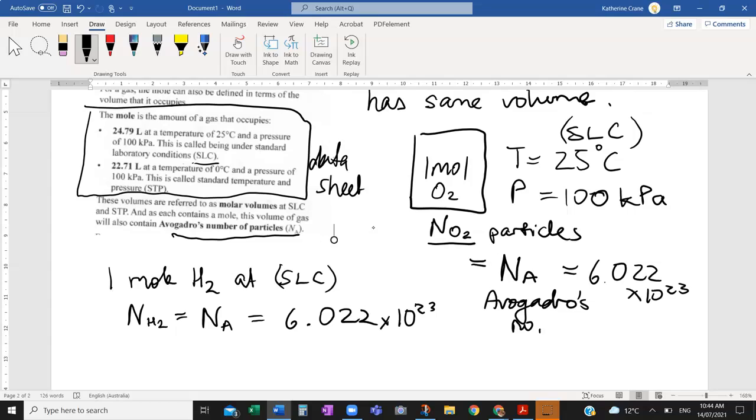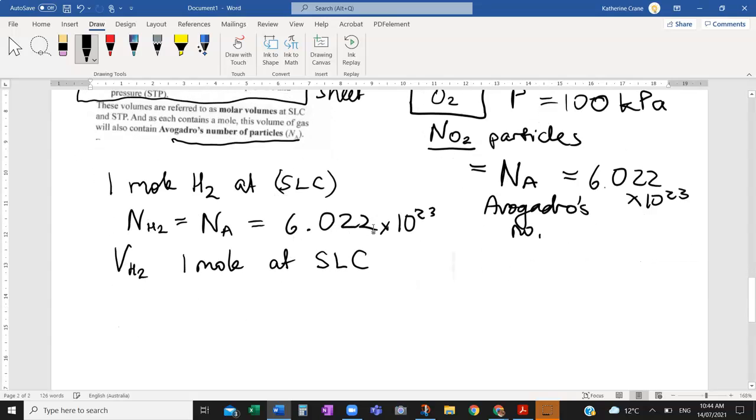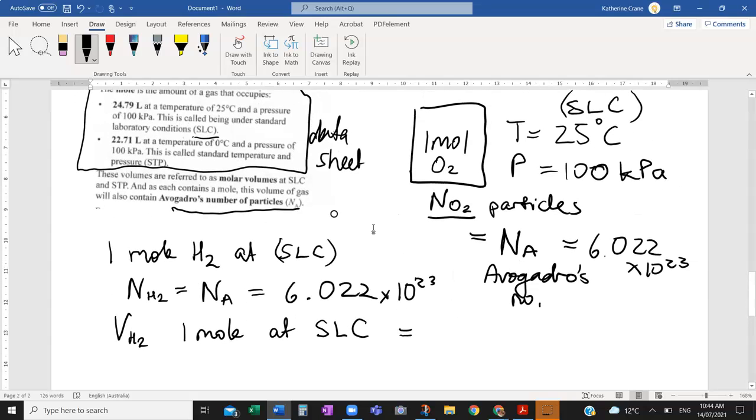Another thing we can know is the volume. So the volume of 1 mole of H2 at standard laboratory conditions is going to be equal to 24.79 litres.